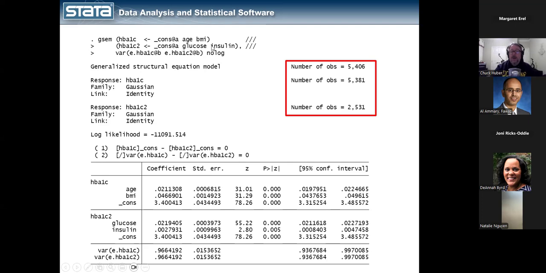and then include the variables that have the missing data. And if you look at the output, what's going to happen is the top model, this is like a multivariate regression style model, the top model contains 5,406 observations. The next model contains 5,381, and then the total number is 2,531. But somehow it's mixing and matching whatever is in here to squeeze the most information out.